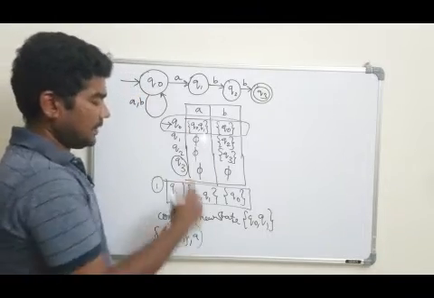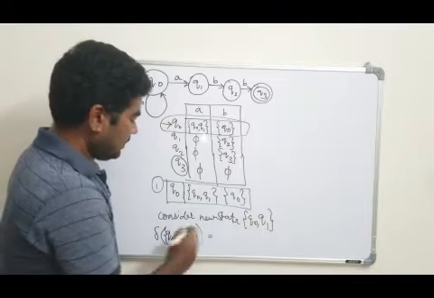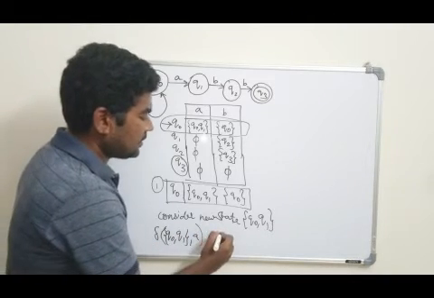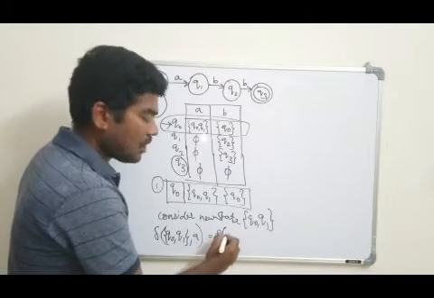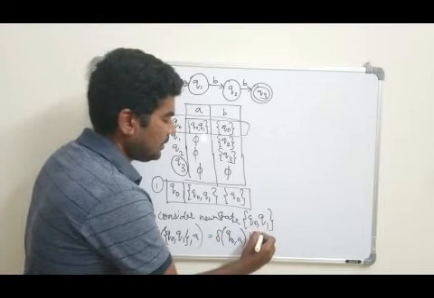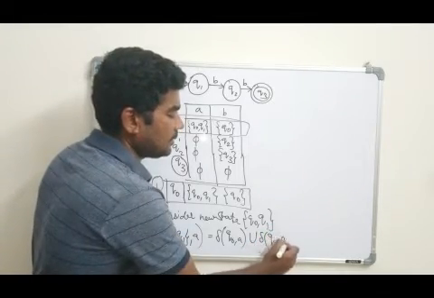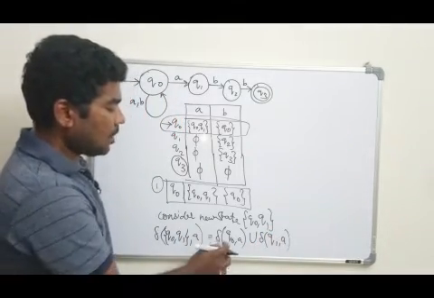So first input I have taken. So first I will take delta transition of q naught comma a union delta transition of q1 comma a.